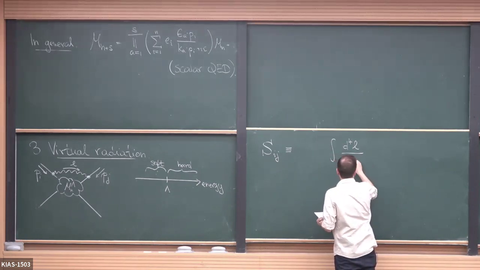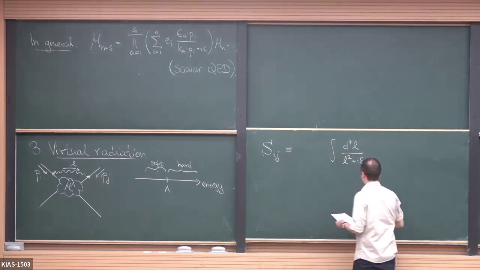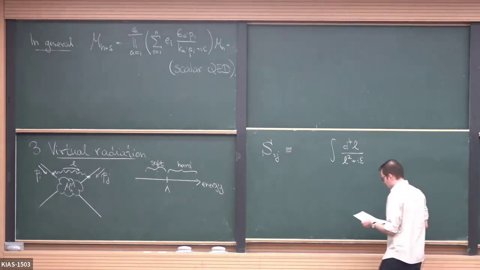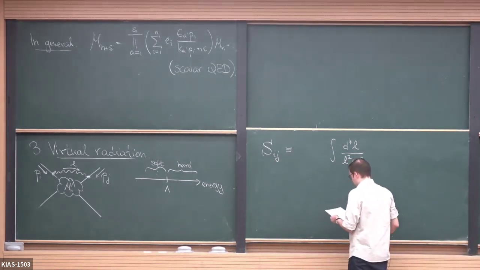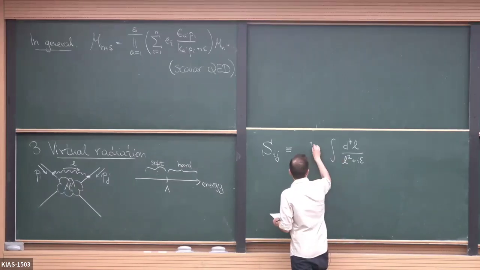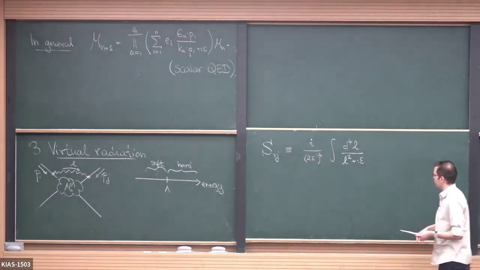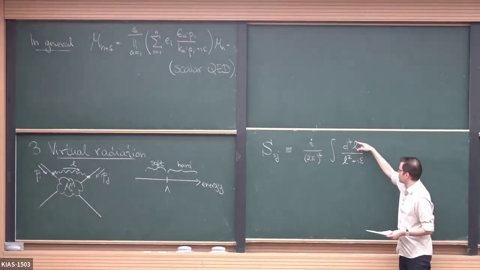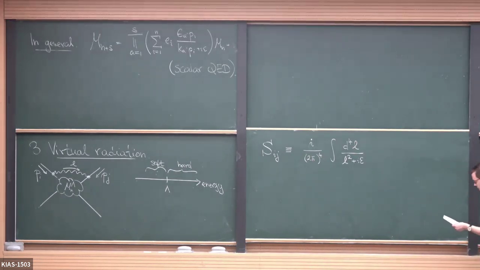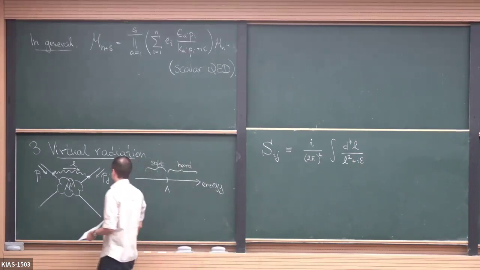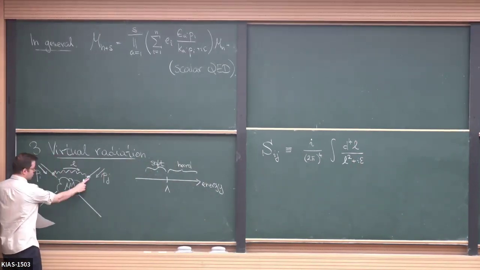I have the soft particle propagator, 1 over L squared, which is massless. And on top of that, some normalization factors. For example, the 2 pi to the 4th power just comes from the measure of the integration and things like that.